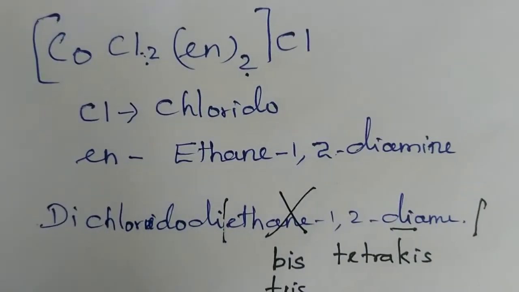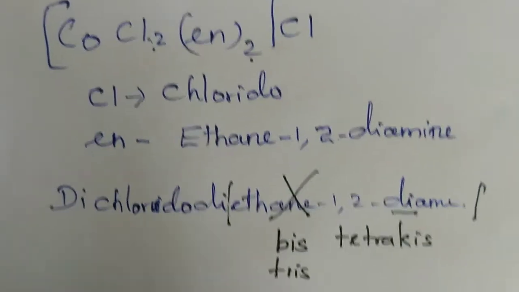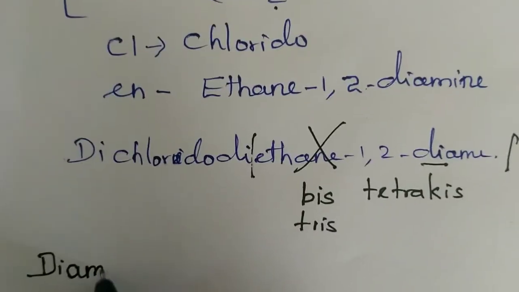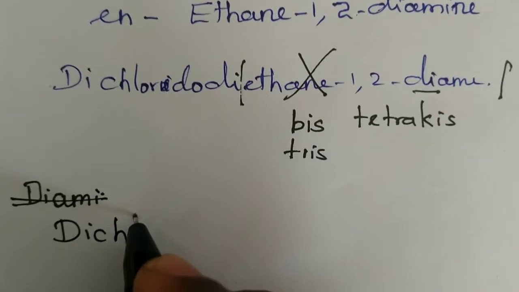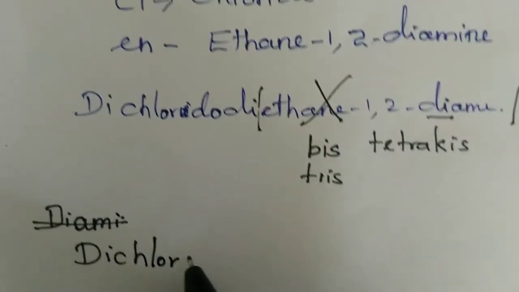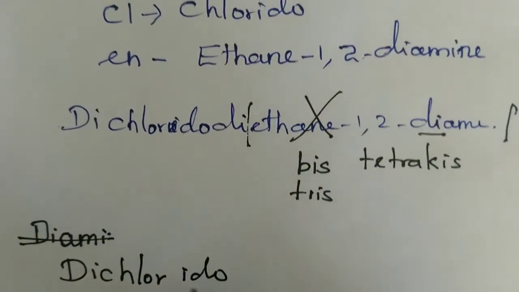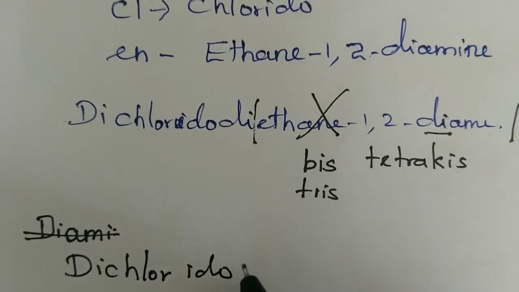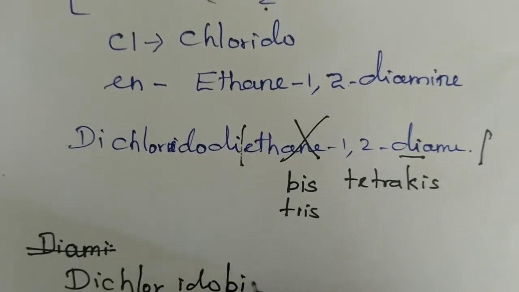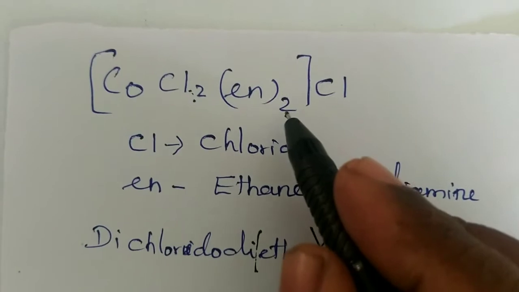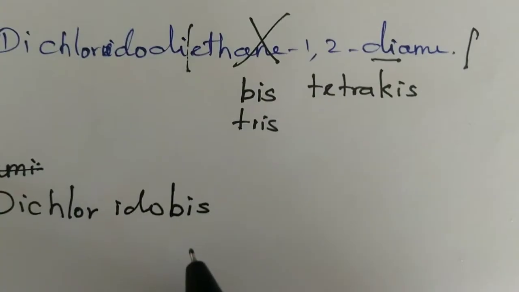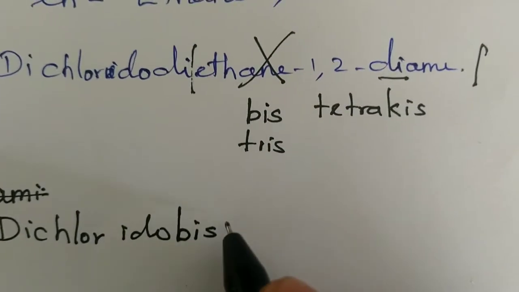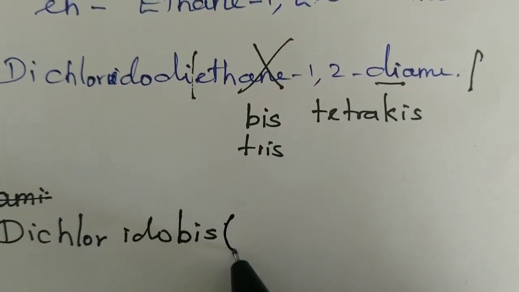So, how do we write it? Dichlorido, bis, because ethane-1,2-diamine repeats 2 times. So the repetition is represented by the word bis. After writing bis, put a small bracket.